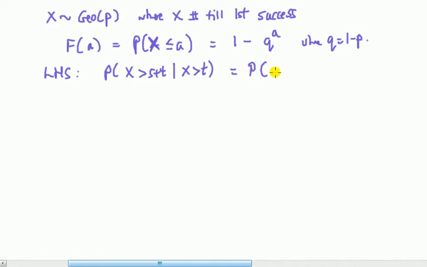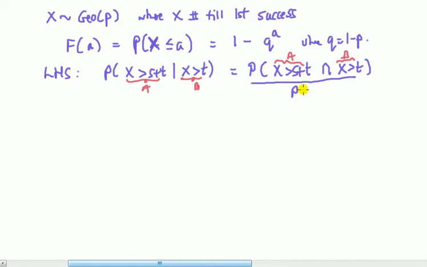The event x bigger than s plus t is like my A, and the event x bigger than t is like my B. So this is my A given B. This is therefore my A intersect B, and we want all that over the marginal, the probability that x is bigger than t.